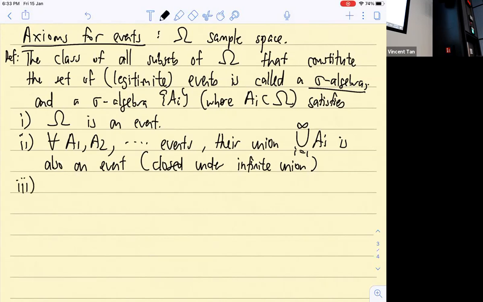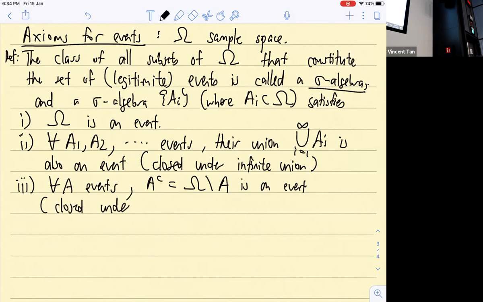And part three: for all A that are events, i.e., A belongs to this family, A complement, which equals omega minus A, is an event. This property is called closed under complementation.